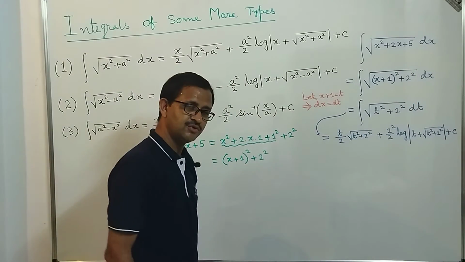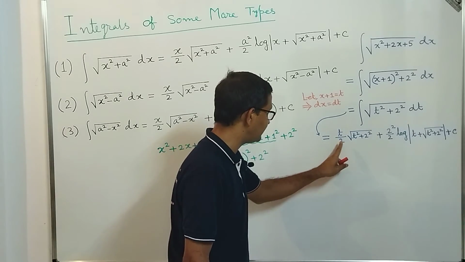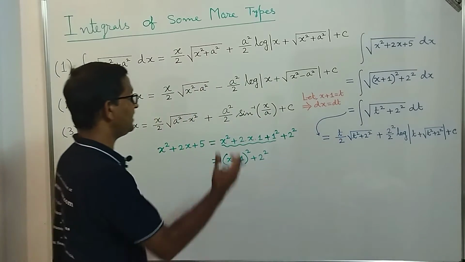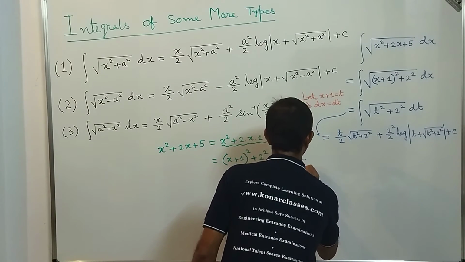Now we are 90% done. The 10% left is to apply the value of t, which is nothing but x plus 1.